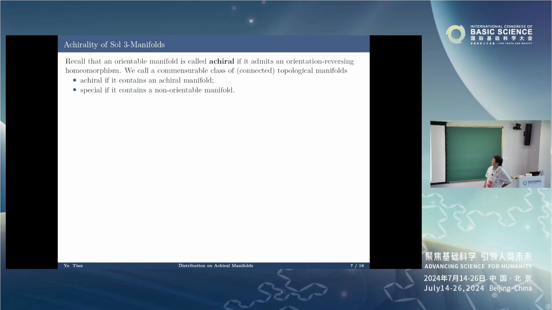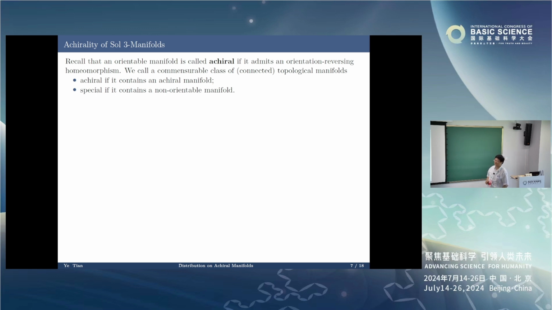We call it spatial if it contains a non-orientable manifold. If a class contains a non-orientable manifold, then this manifold has a classical double cover. That double cover is orientable and is automatically achiral. So a spatial class is automatically achiral.